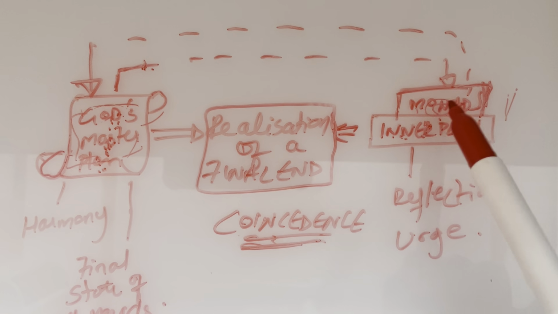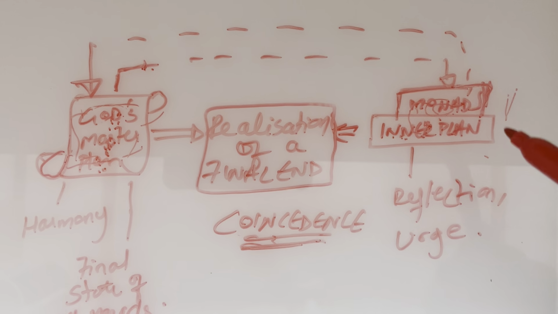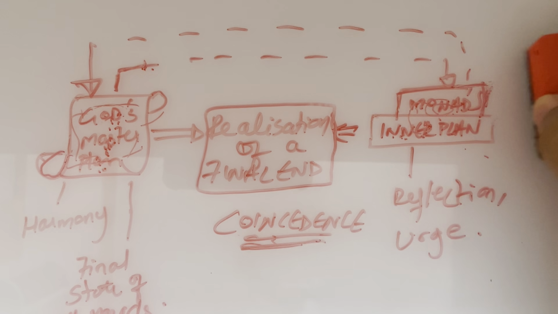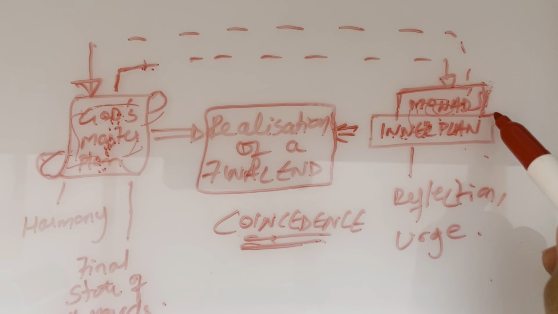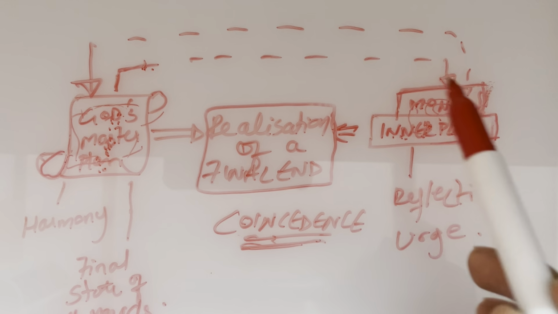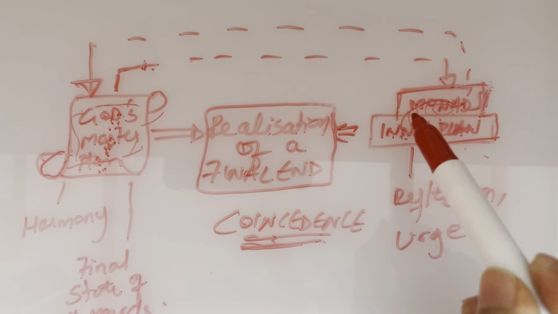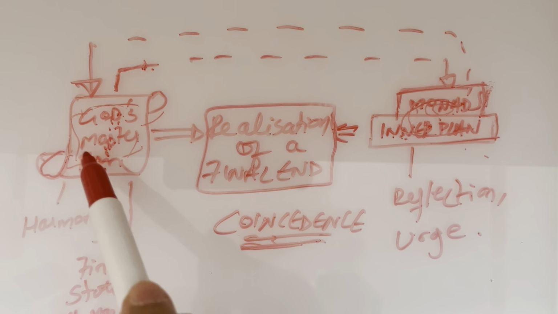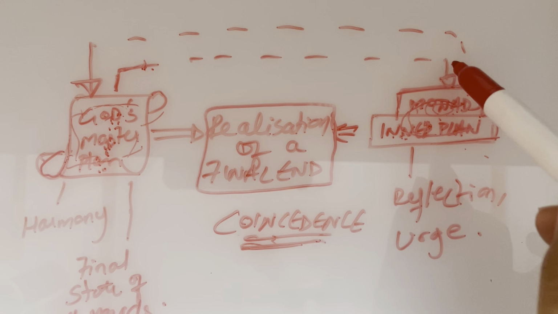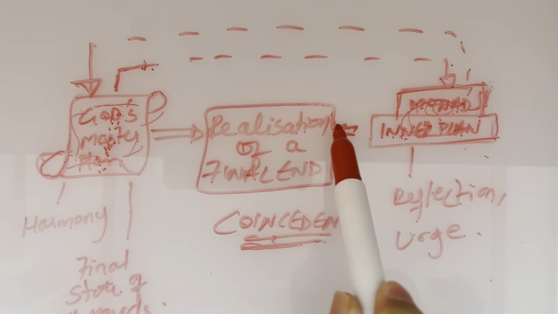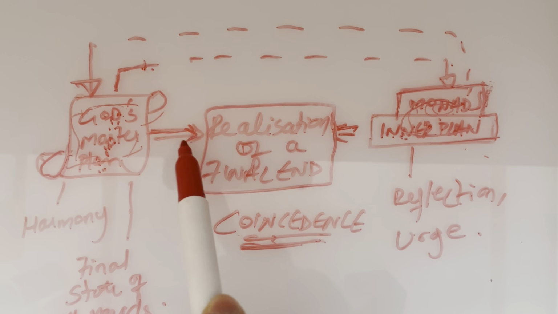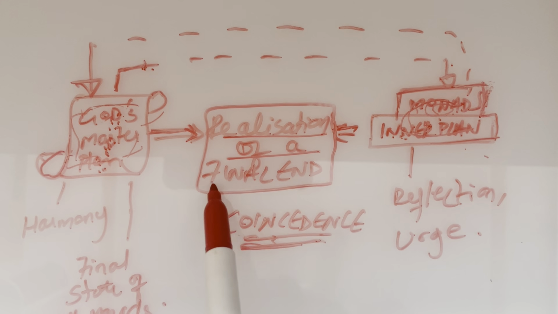This is each of the monads' inner plan, which by essence contains the reflection of the entire universe, but is low with respect to representation. Therefore, each monad's inner plan coincides with God's master plan. This is how both of them meet at a common realization of a final end.